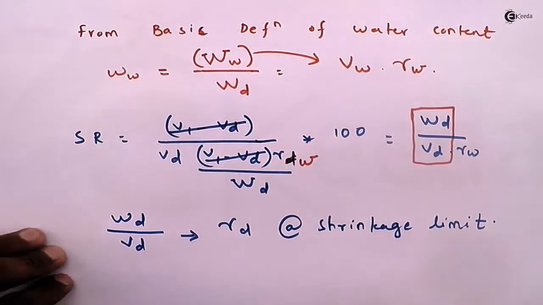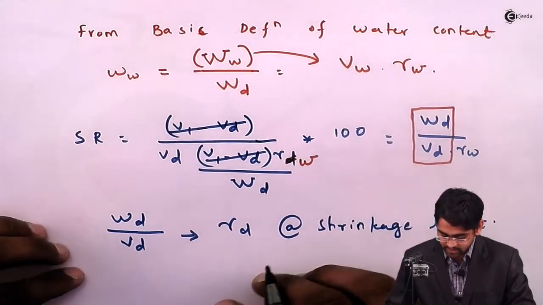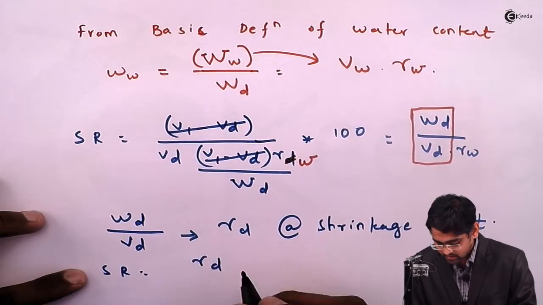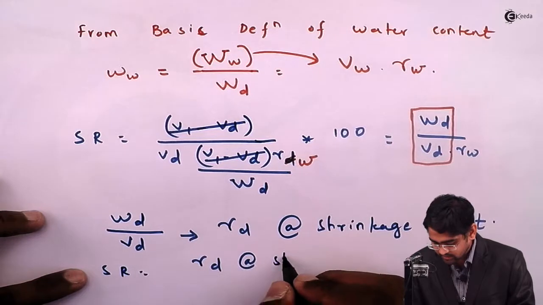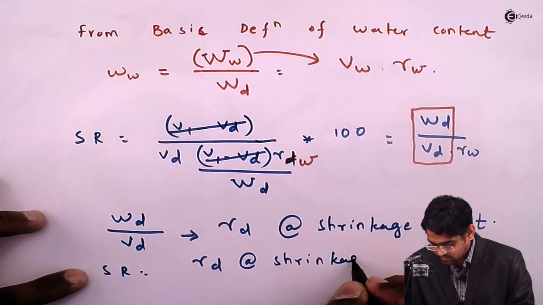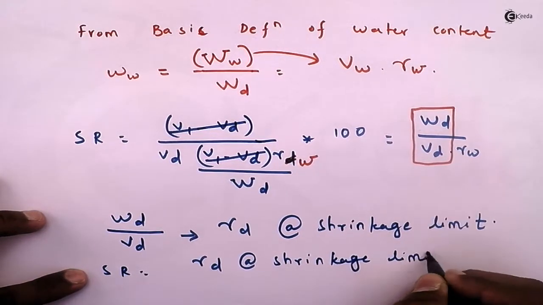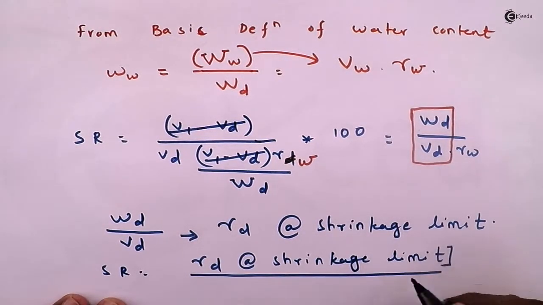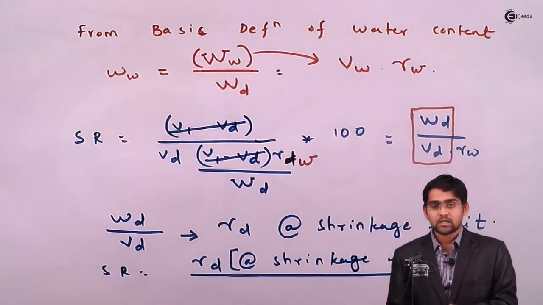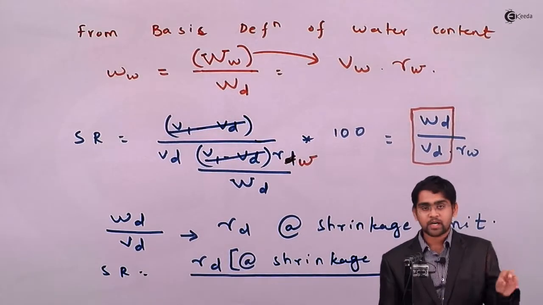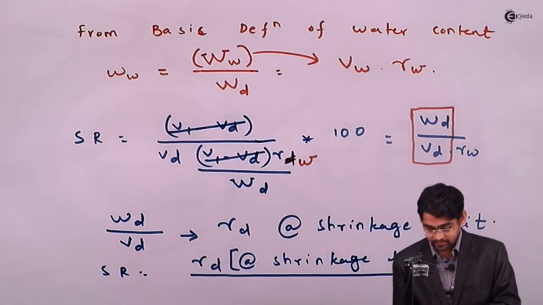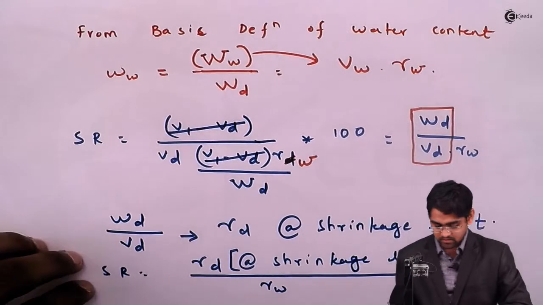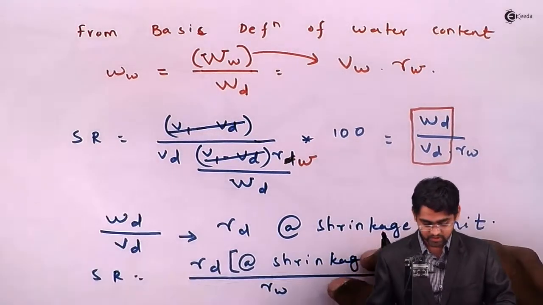So the shrinkage ratio becomes equal to gamma D at shrinkage limit, because after the shrinkage limit there will be no reduction in the volume. Therefore this is very important at shrinkage limit, because different soils will have different gamma D at different volumes, divided by gamma W into 100%. So that's how the definition of shrinkage ratio is.